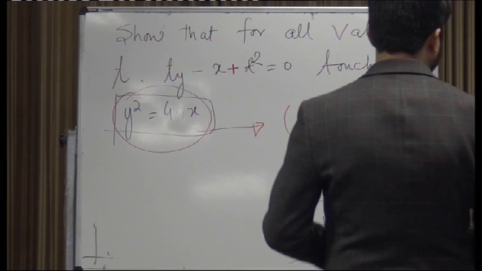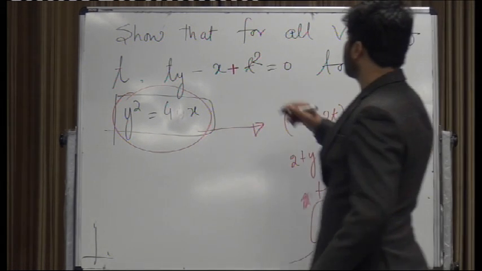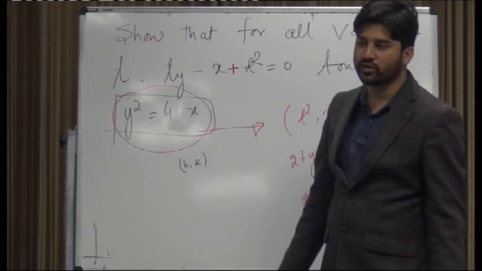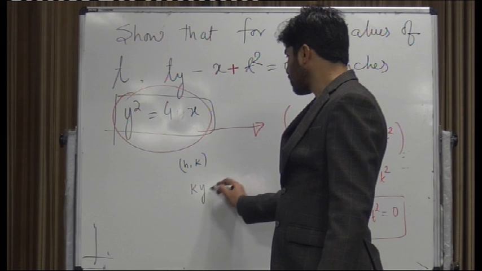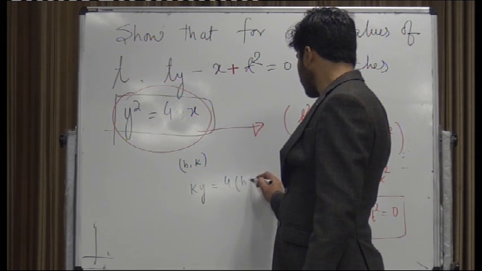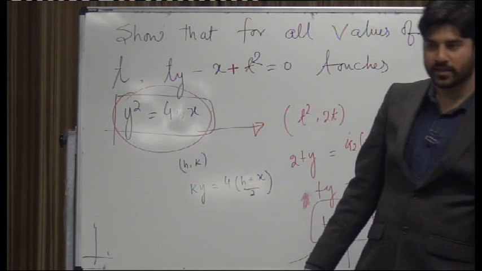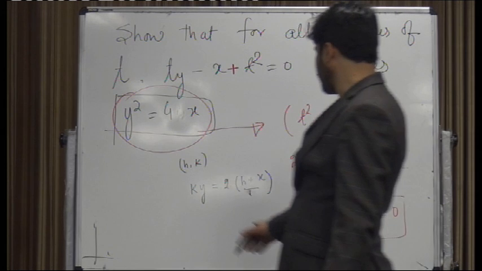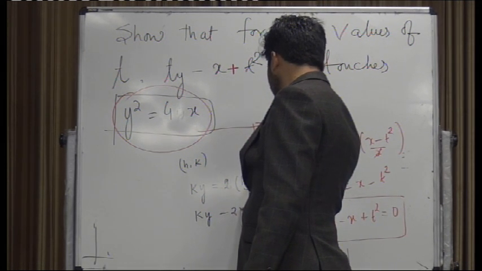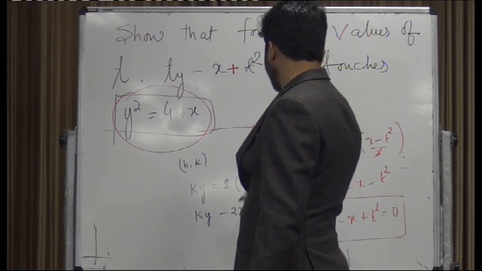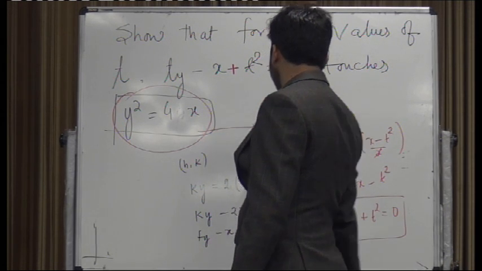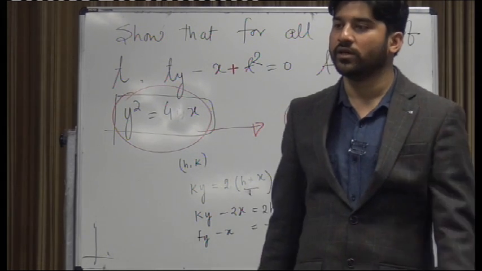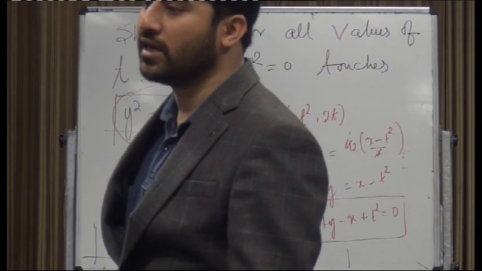दूसरा क्या तरीका हो सकता है कि I'll just consider the pole of this line as h comma k। h comma k का मैं y square is equal to 4x करूंगा तो क्या बनेगा, h plus x by 2, which will eventually give me ky minus 2x is equal to 2h, which would be ty minus x is equal to minus t square। ऐसे करके मैं h comma k निकाल दूंगा in terms of t, and I'll just see whether it is lying on y square is equal to 4x or not.